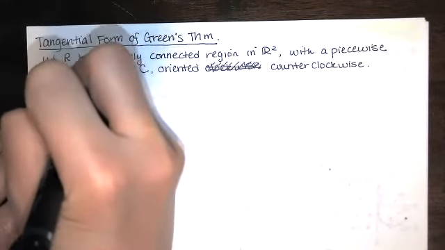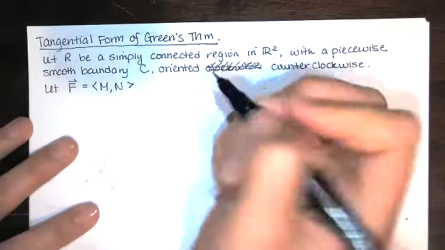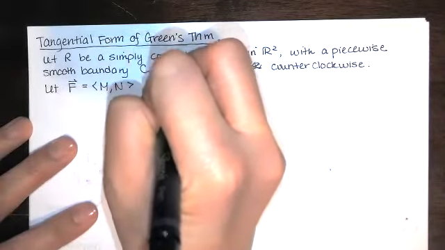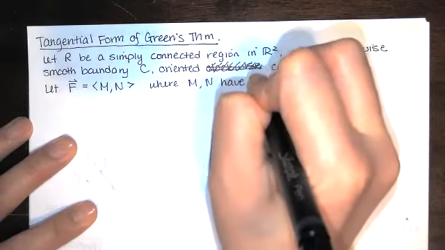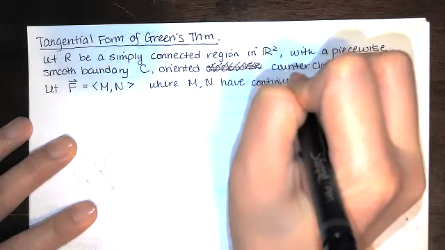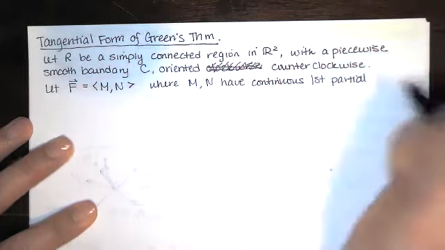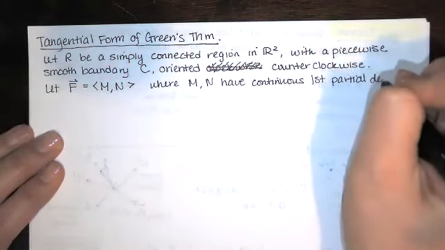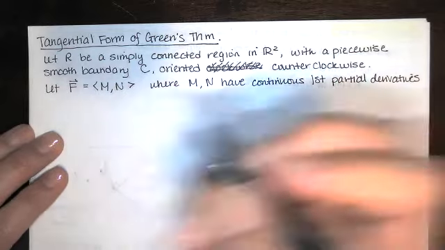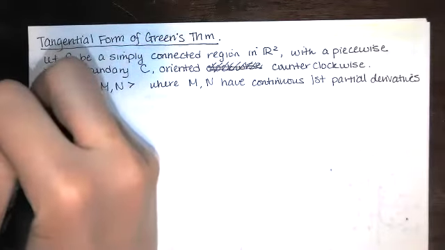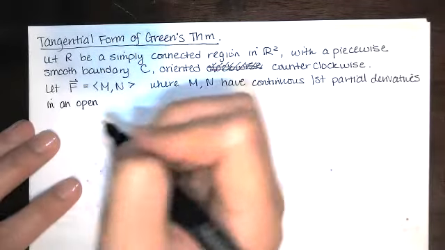And let F be a field in the plane with components M and N, where M and N have continuous first partial derivatives in an open region containing R. If you're wondering, why does it have to be open?